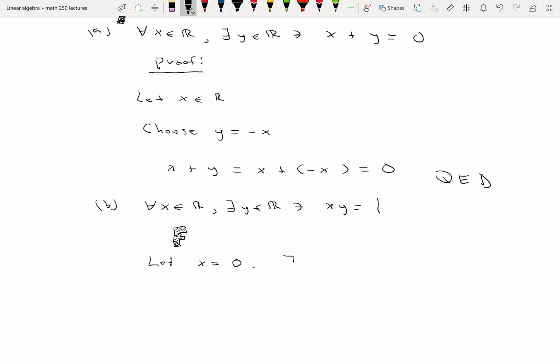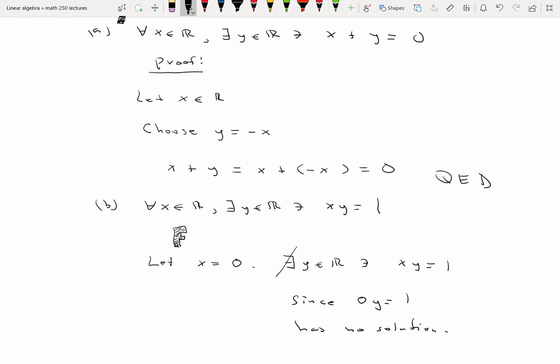To negate a logical symbol, you put a forward slash through it. There does not exist a y in R such that xy equals 1. Substitute 0 in for x. 0 times y equals 1 has no solution. There's no way to find a solution to the equation 0 times y equals 1.